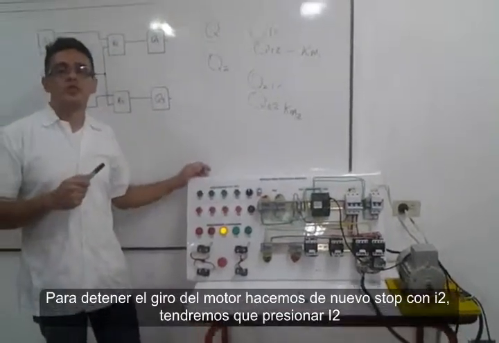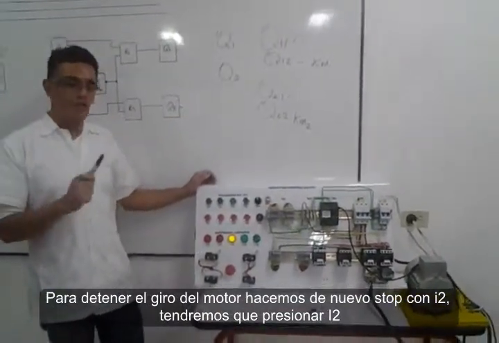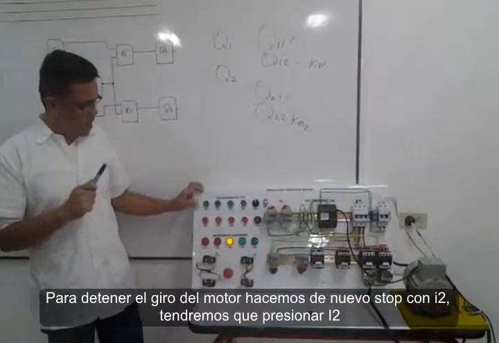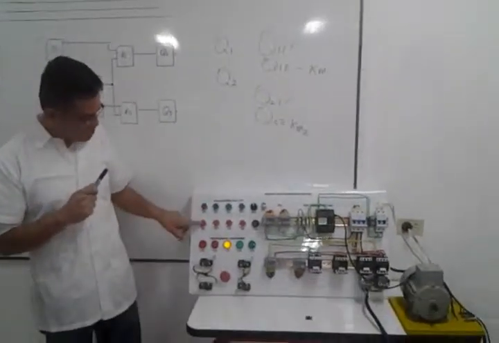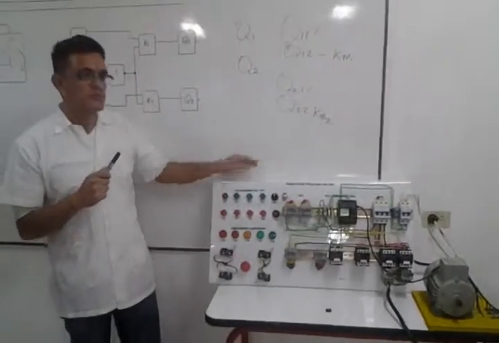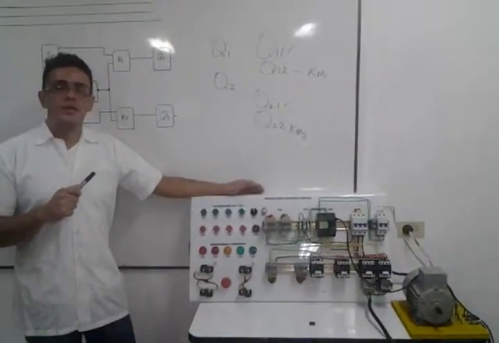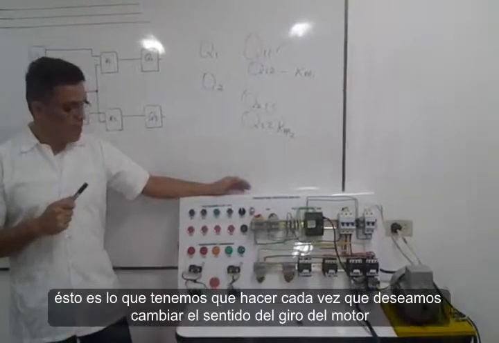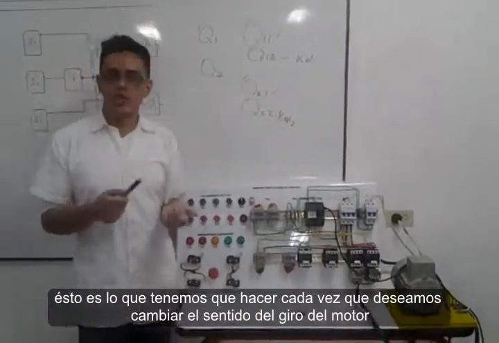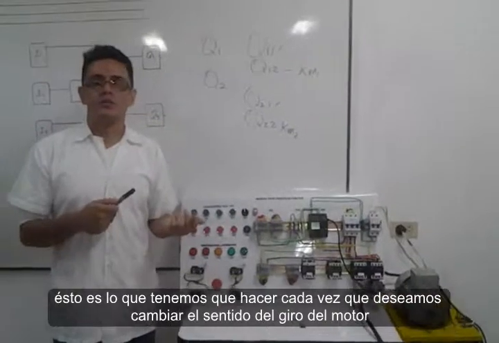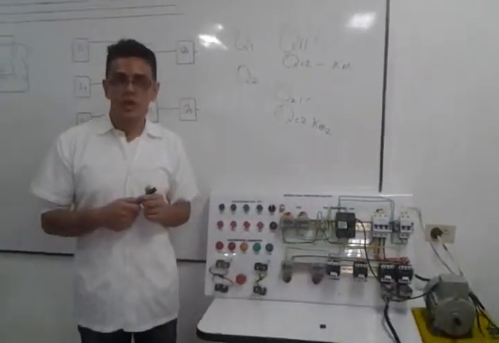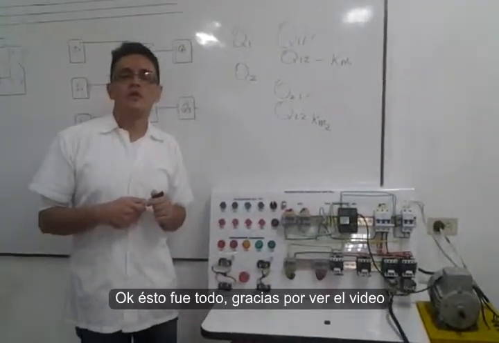To stop the motor, we have to push the stop button again and we stop the whole circuit. This is what we have to do whenever we want to change the sense of the turn of the motor. Alright, it was all. Thank you for watching.